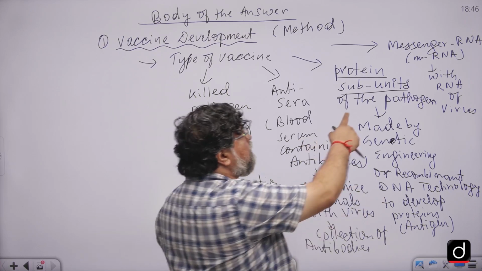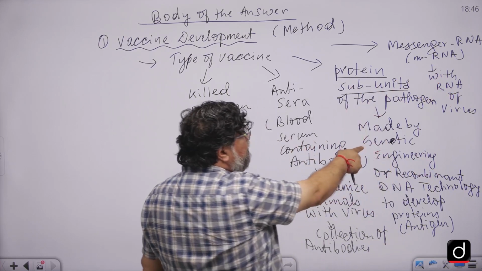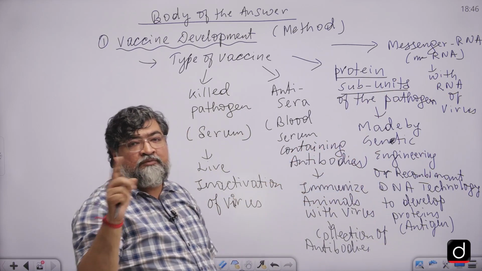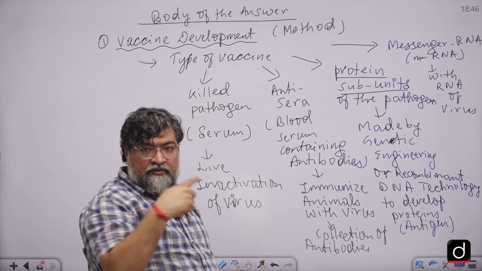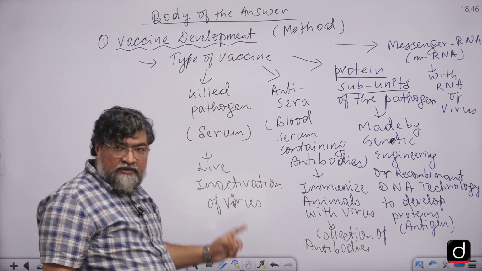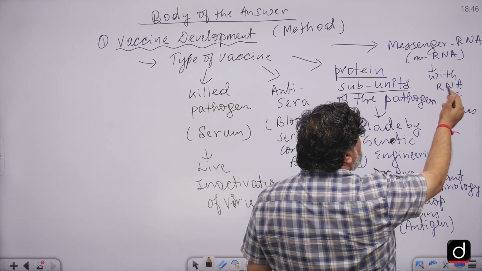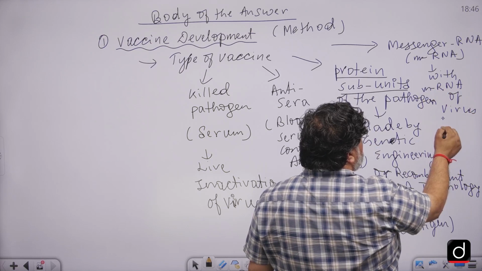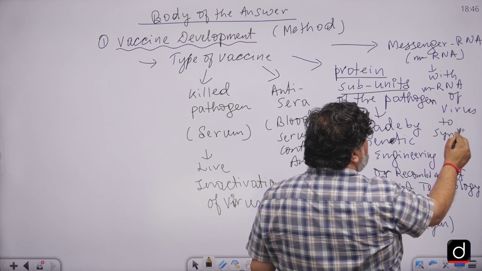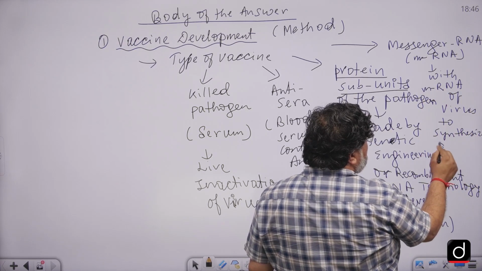So here is Moderna, which has this kind of method, where the protein subunit is part of it. Covishield from Serum Institute of India is another. Covaxin is this one, killed virus, right? So you are explaining the method with the messenger RNA of the virus to synthesize the protein subunit of the virus.